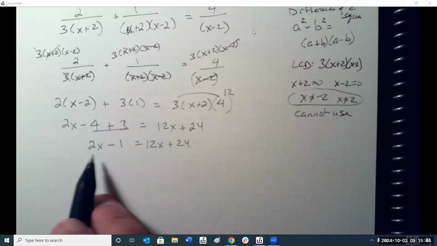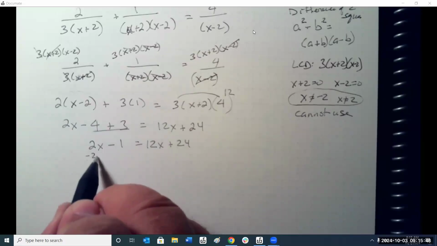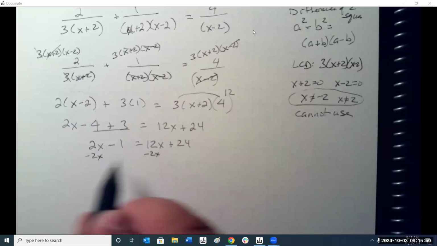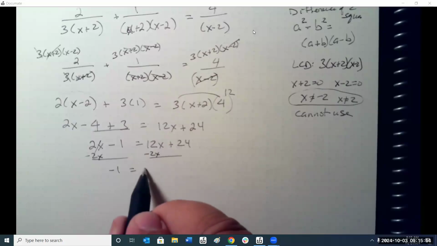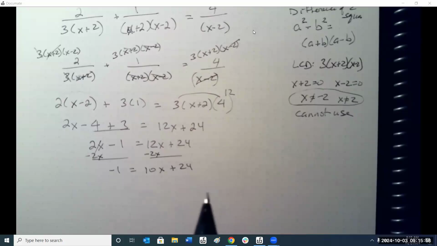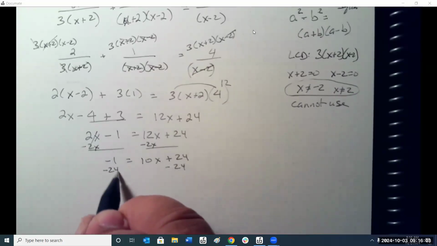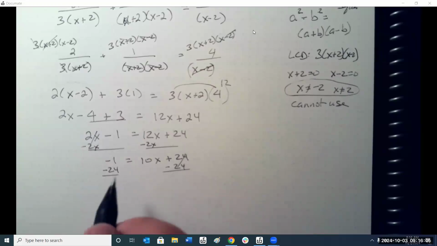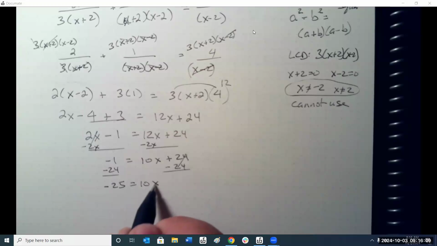We have x's on both sides. Move the smaller to the larger. So subtract 2x from both sides. Negative 1 equals 10x plus 24. Subtract 24 from both sides. So it's negative 25 equals 10x.